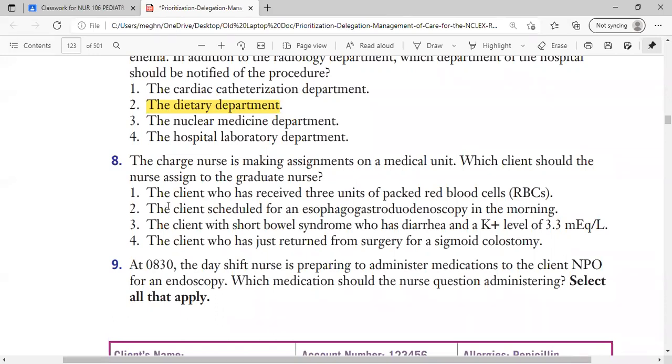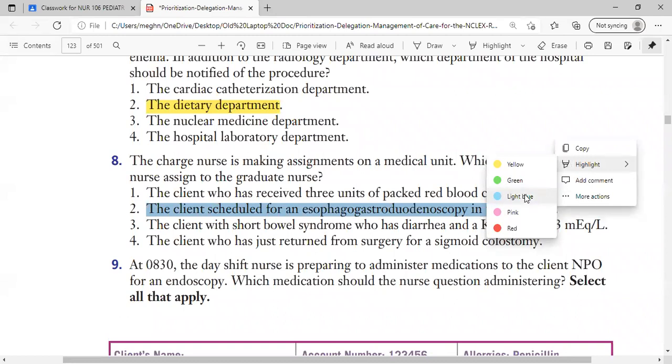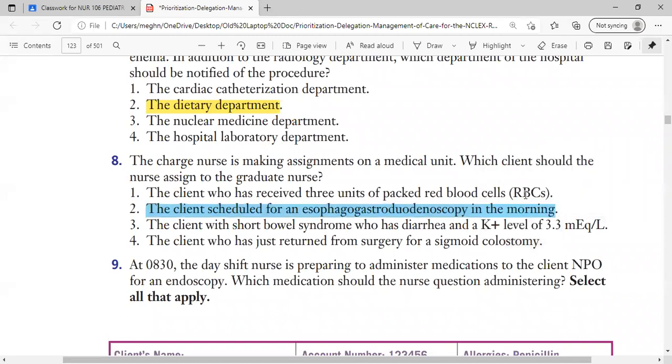So only patient number 2 is stable and we can give this patient to a new graduate nurse, right? Because this client is being prepared for a test. That's it.